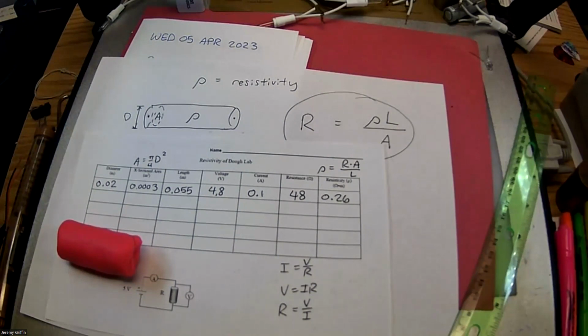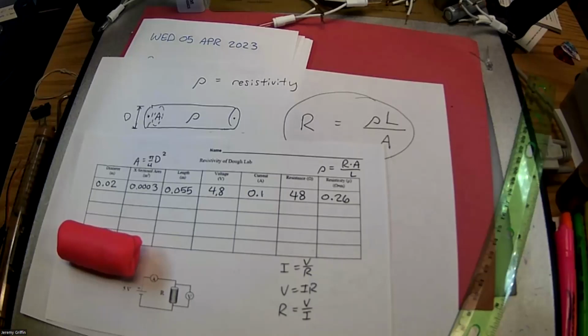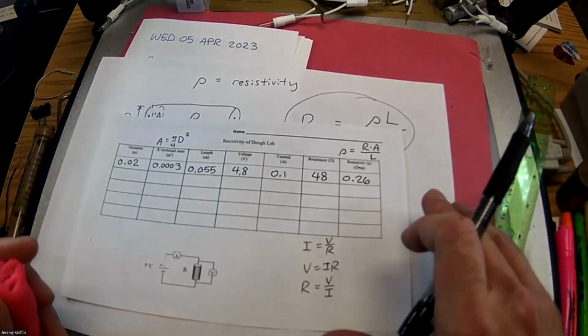Just for the video, let's share screen 2. There you go. What is the resistivity of Play-Doh? 0.24 ohm meters, because it's resistivity as a material. That's right in line with what we got. It's extremely close. You guys good so far?